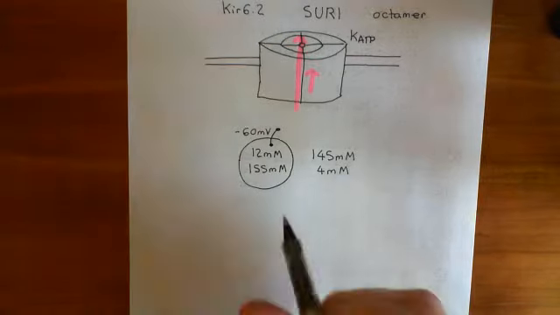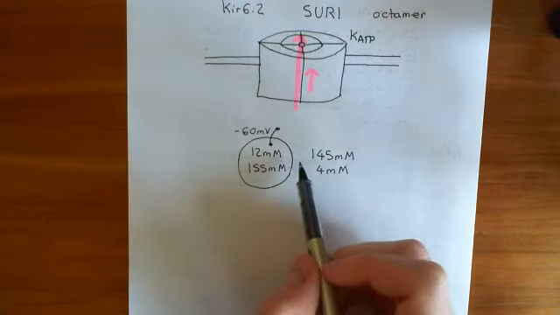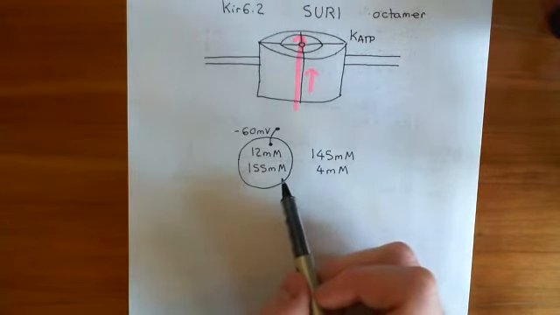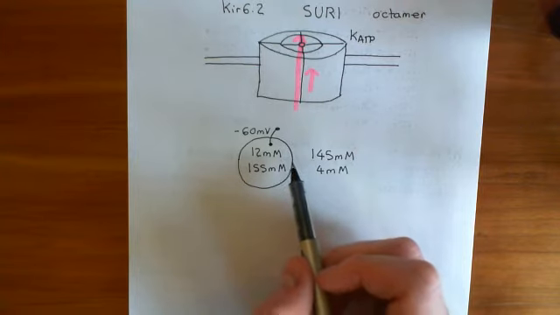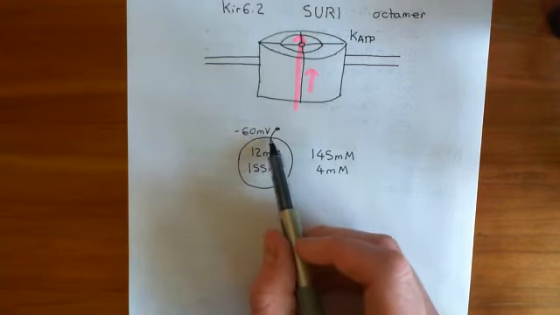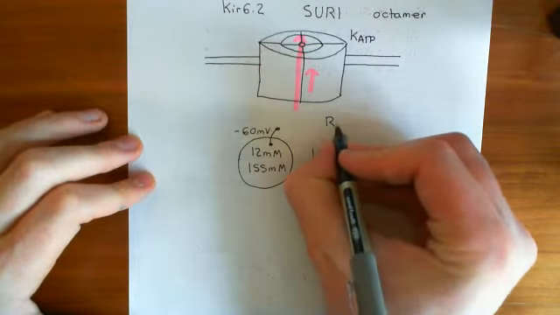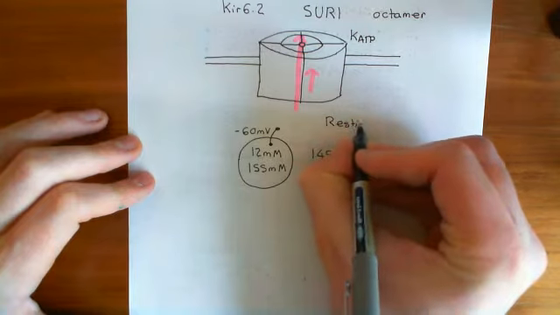So at this potential you will still have net movements of sodium and net movements of potassium across this membrane. It's just that the movement of sodium ions into the cell will balance the movement of potassium ions out of the cell so that you get no net movement of charge across the membrane, and therefore the electrical potential difference across the membrane doesn't change. So we're talking now about resting potential, not Nernst potentials.